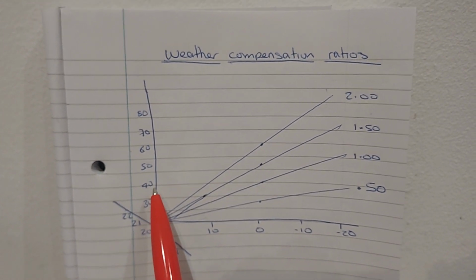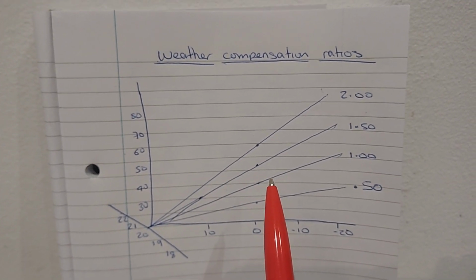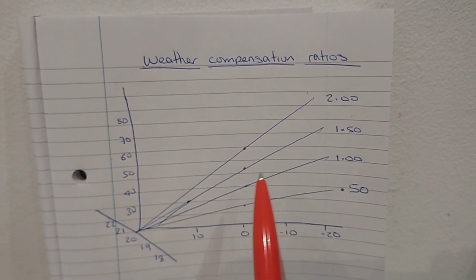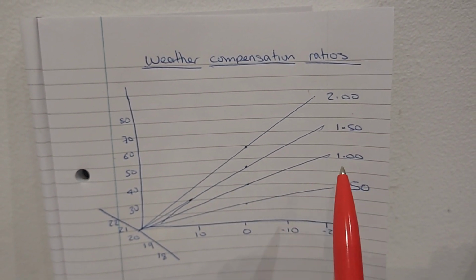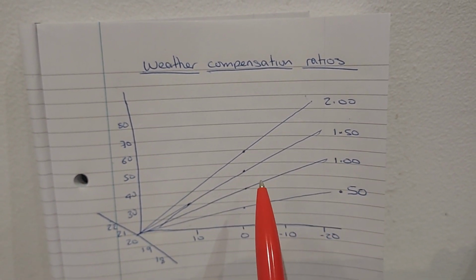So if you're heat pumping, 42.5 would be your flow temperature. So that's a curve of 1.